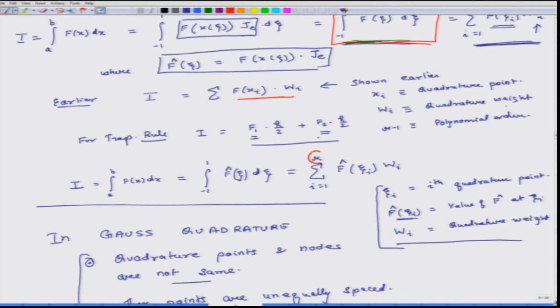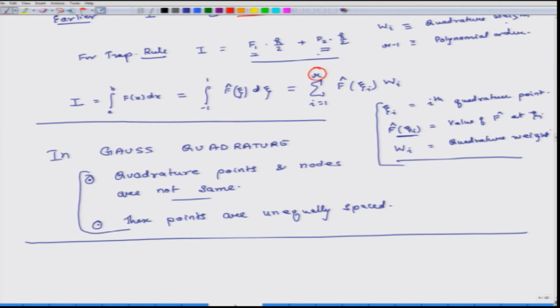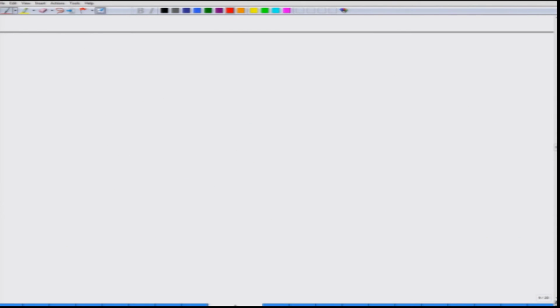R is changing. When I am increasing the number of quadrature points, as R changes, the integration becomes more and more accurate, and if R exceeds a particular value, then it becomes exact. We will see that. First, we will look at this table.